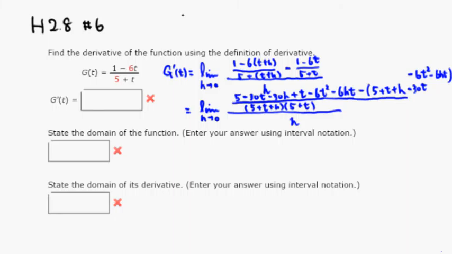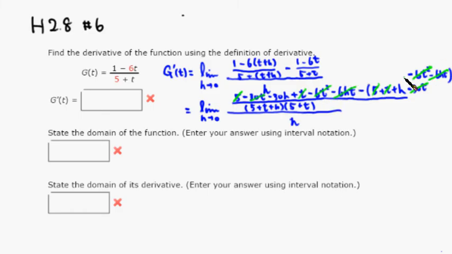Alright, so let's clean up. We have a 5 minus 5, a t minus t. Actually, we have negative 30t minus negative 30t, and negative 6t squared and negative 6t squared, and then negative 6ht minus negative 6ht.